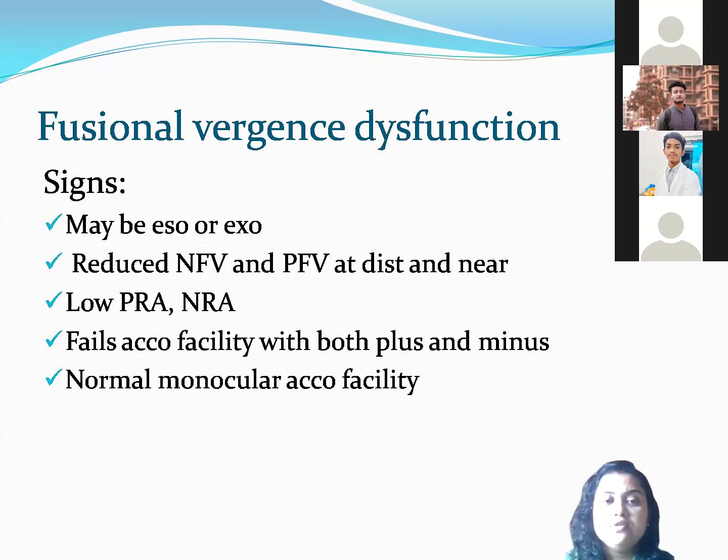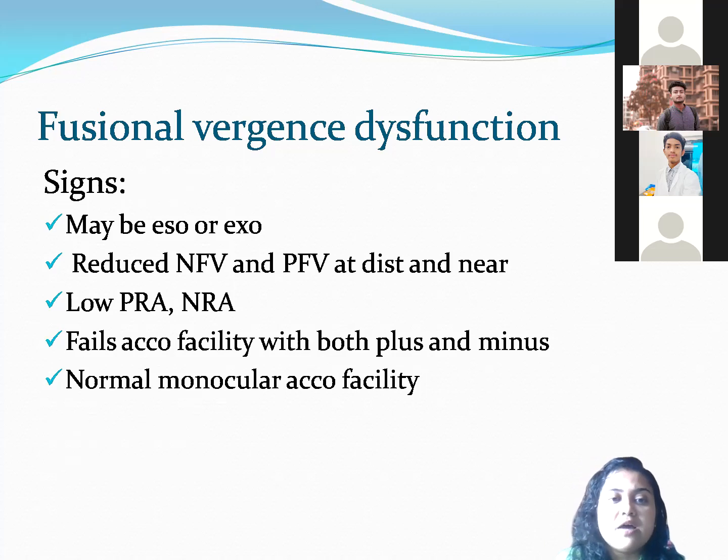The patient may be eso or exophoria. There will be reduced NFV and PFV at distance and near. NRA and PRA will both be low. In accommodative facility, the patient cannot clear both the plus and minus lenses. Basically, binocularly the patient will have more problem.